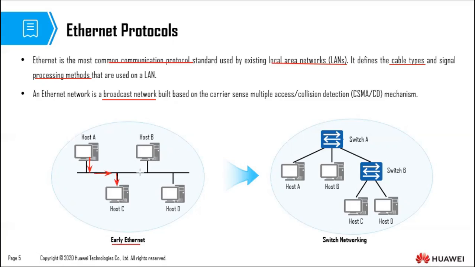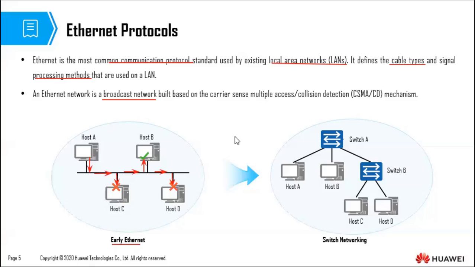Of course, only the device whose destination MAC address matches this particular frame is going to process it. Otherwise, the others are going to discard it. So for example, if A was sending to B, then C will discard it. This one will also discard it. But this one will process it.